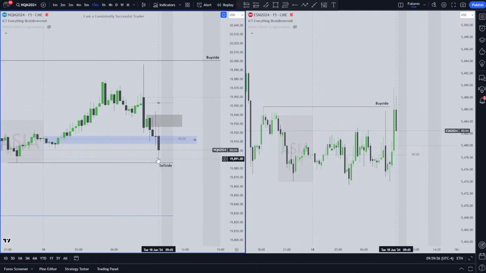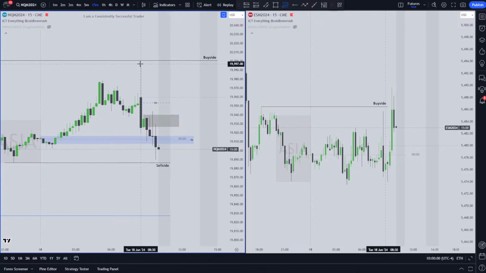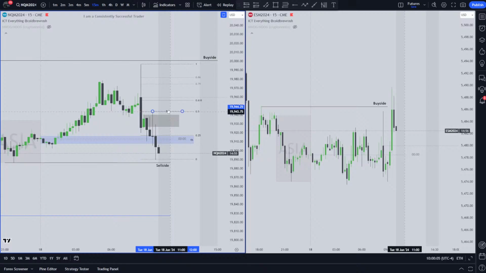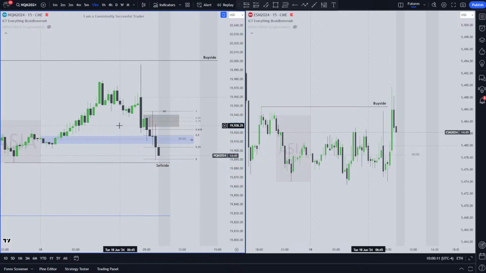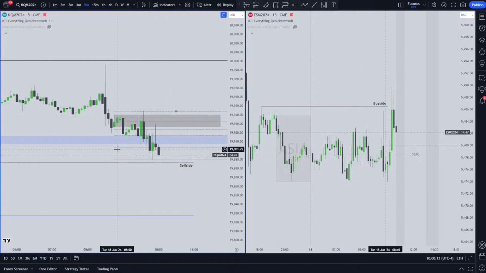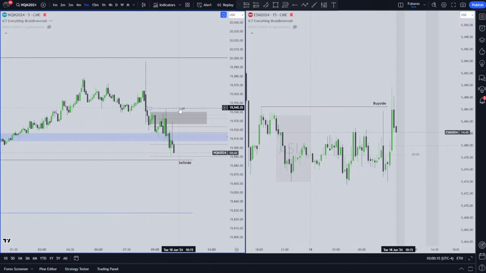Oh well, this is the low, obviously, but if I was to draw it from there till there, 50% is now there. But if I draw it from there till there, let me see on the 5 minute. See on the 5 minute, it did touch it.